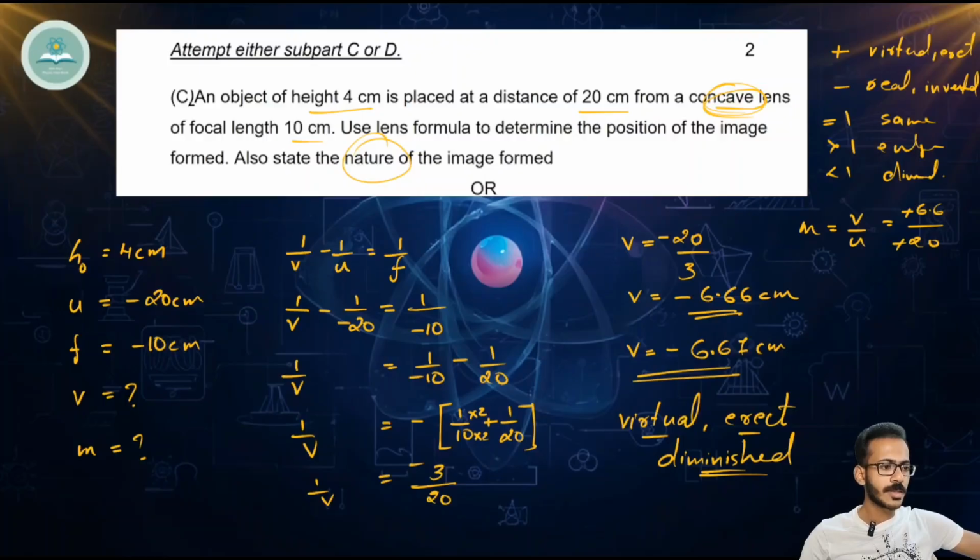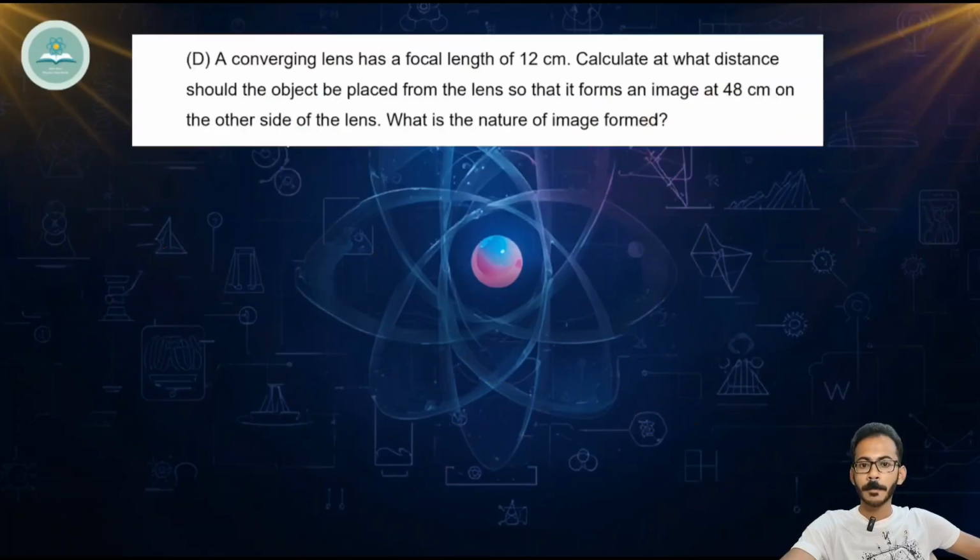We'll go to the OR question, that is D. Here, a converging lens. In the previous question it was a concave lens, but here it is a converging lens. We should know that a converging lens is a convex lens, and it has a focal length of 12 centimeter. So focal length is 12, which means plus 12 centimeter, since convex is always positive.